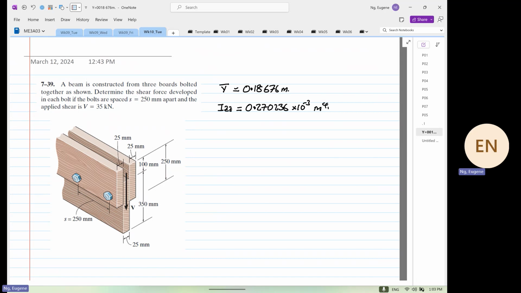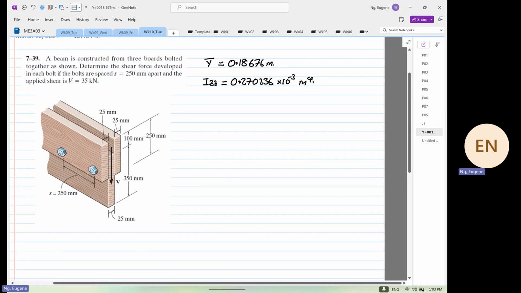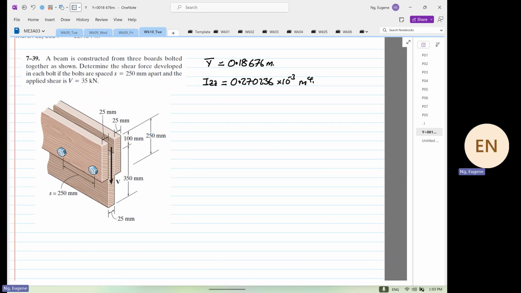Okay, so these two are given. Now, if you were to look at where 0.18676 is, it is going to be somewhere around here. So the height from here to here is equal to 0.18676.